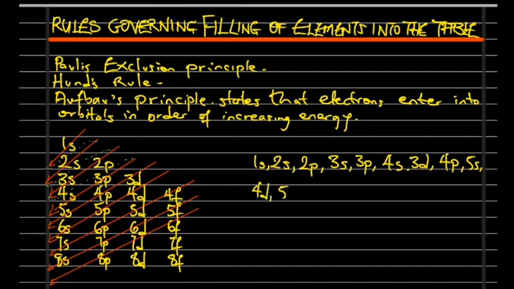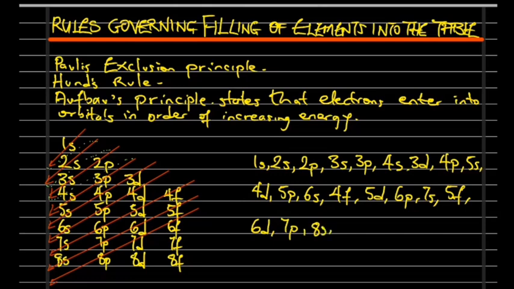On the next arrow we have 4f, 5d, 6p, 7s, followed by 5f, 6d, 7p, 8s, followed by 6f, 7d, 8p.